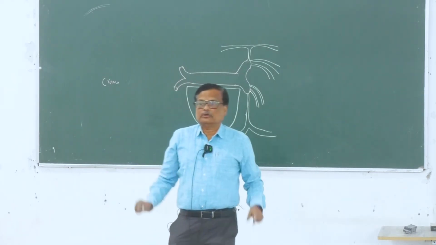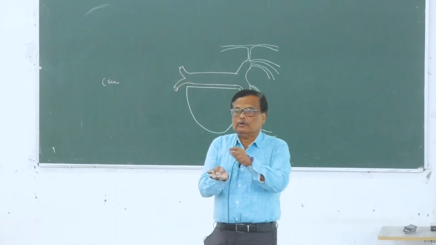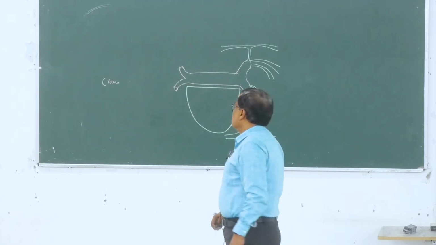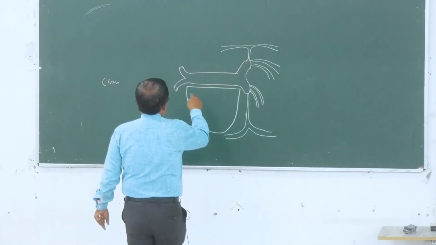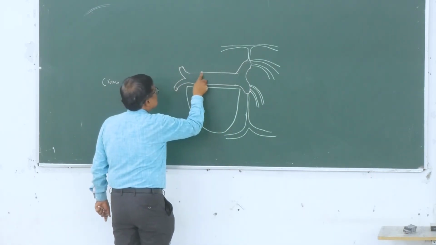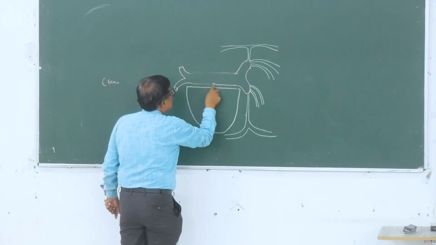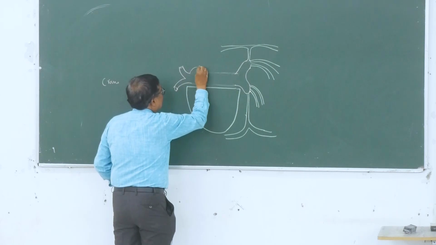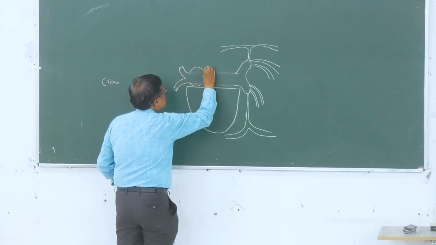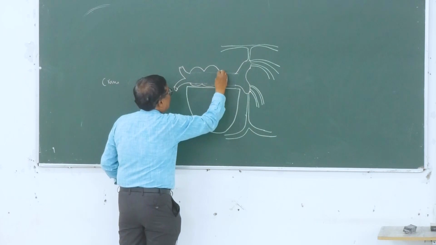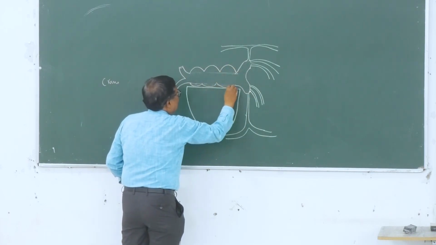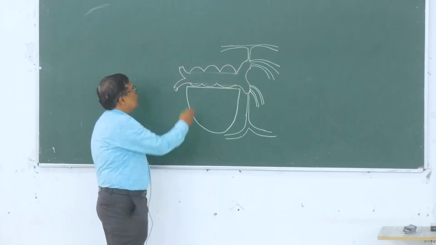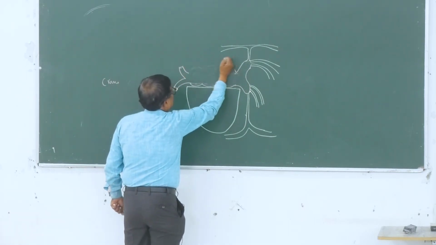And the heart tube is short, so it is more or less at par with the pericardial cavity. Then dilatations occur in this heart tube in this fashion.